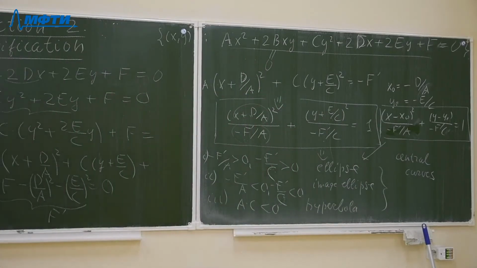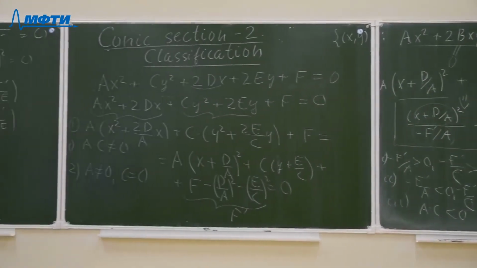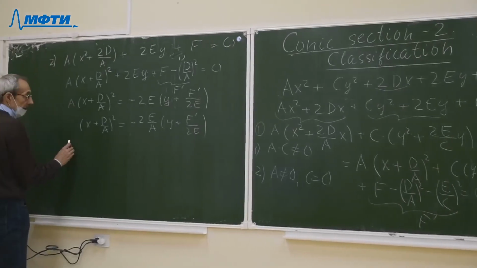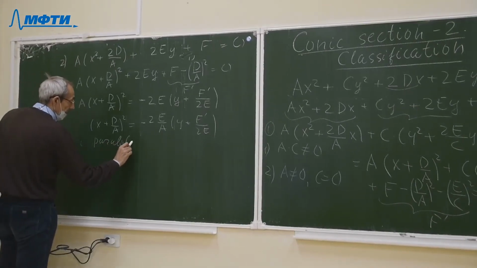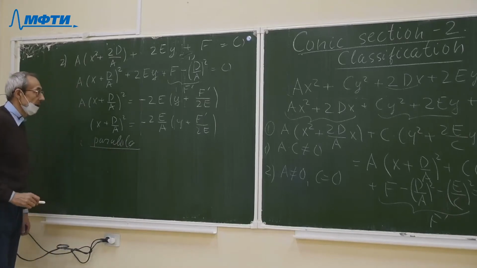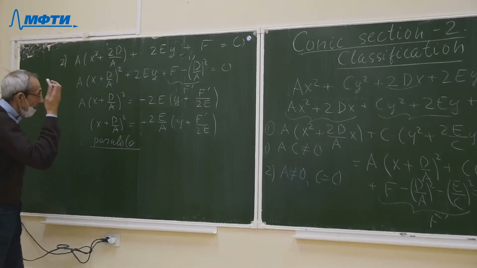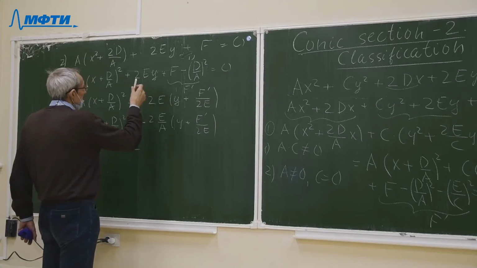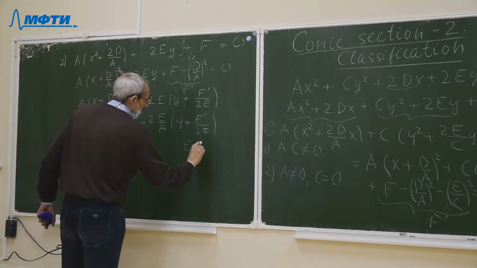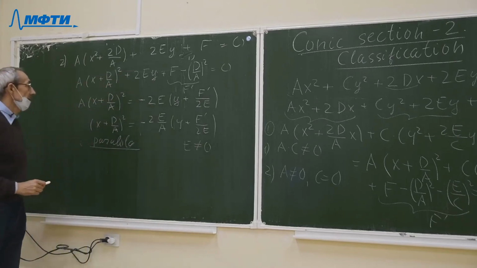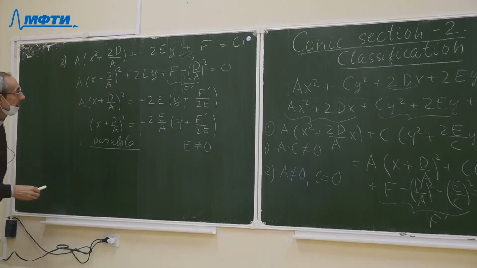And in this case, we obtain a curve which is called a parabola. But in this case, we suppose that E is not equal to 0.